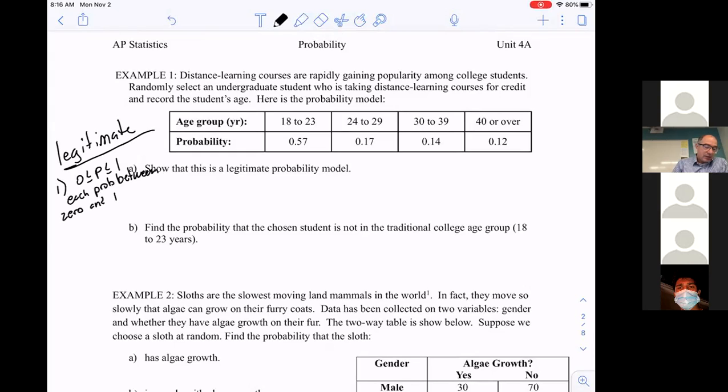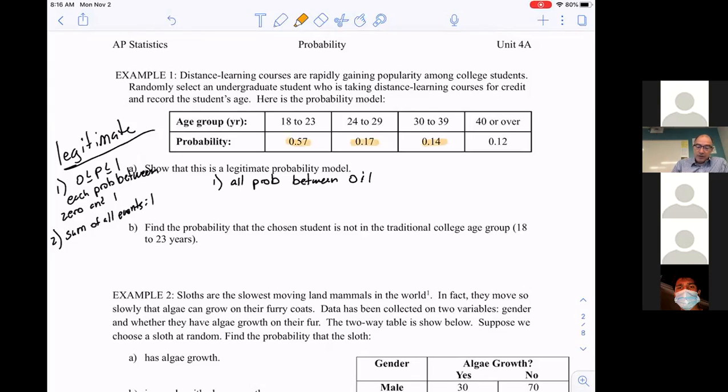The second thing that has to be true, the sum of all events equals 1. All right, so if we're checking this out, number one, all probabilities between 0 and 1. Is that true?